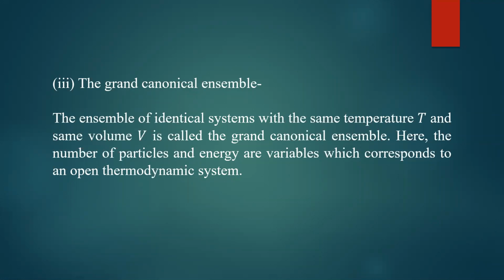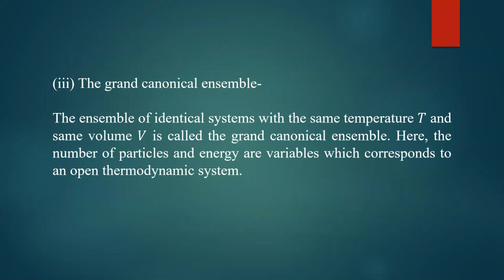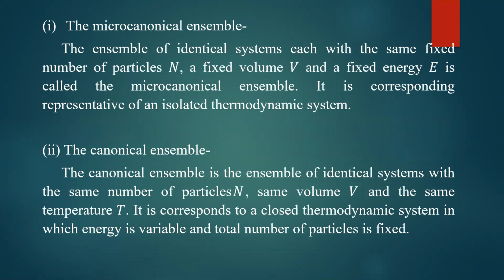You should know these three ensembles. One, micro-canonical ensemble, which corresponds to an isolated system. Canonical ensemble, which corresponds to a closed system. Then grand canonical ensemble, which corresponds to an open system. In an isolated system nothing is exchanged. It is completely isolated from the surrounding: no energy, no matter is exchanged.